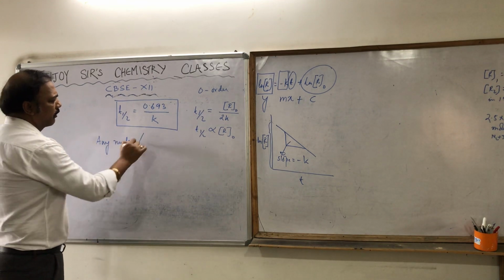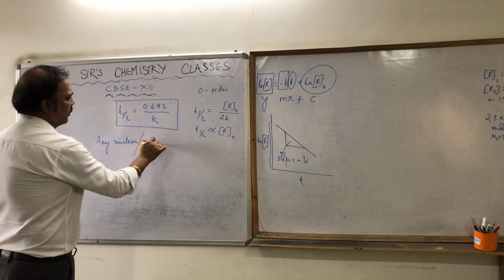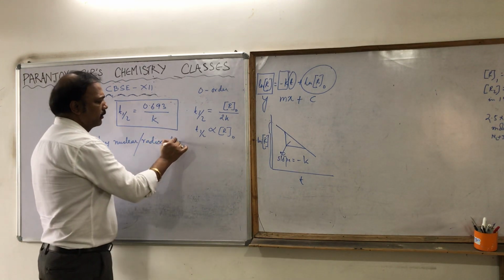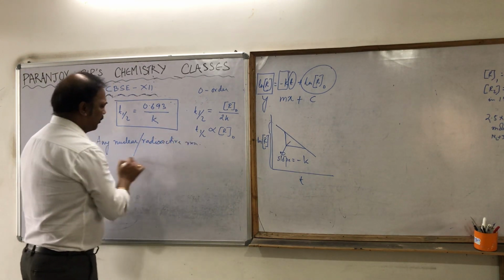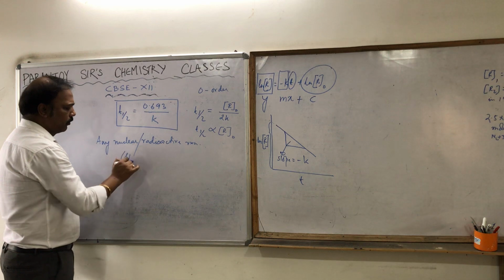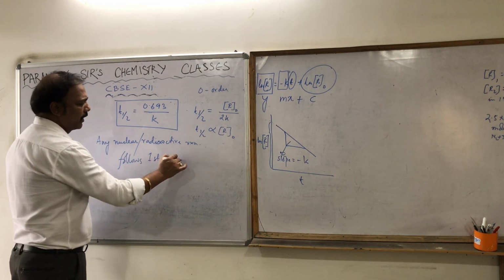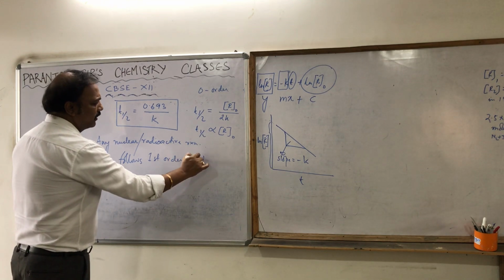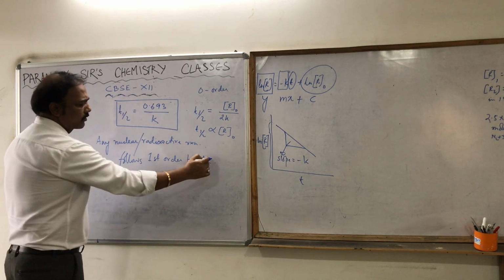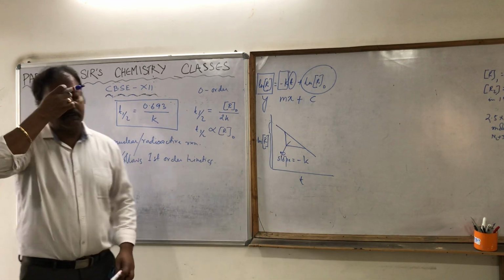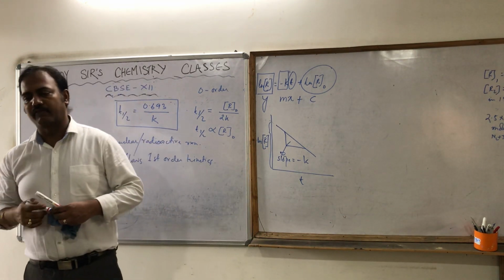Any nuclear or radioactive reaction follows first order kinetics. So if the order is not mentioned for a nuclear or radioactive reaction, we know the order is 1.